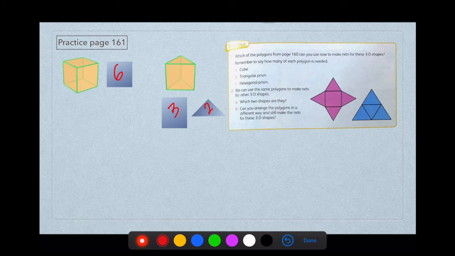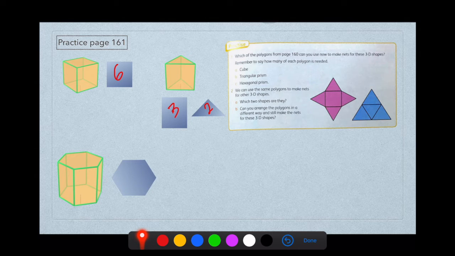Going to the other choice, which is a hexagonal prism, I will display the shape for you. Okay, this is a hexagonal prism. It's actually a prism with hexagon base. Okay, so you tell me please, how many hexagons do we have here? Brilliant.